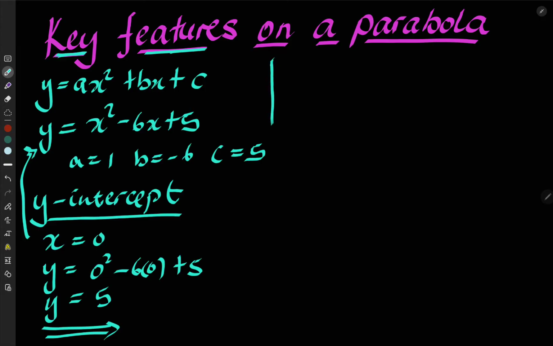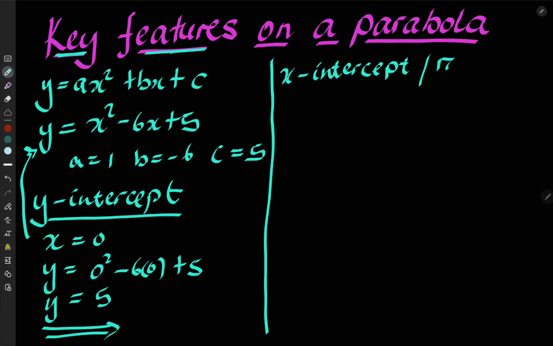Then the next thing that you want to talk about is the x-intercept. It's called the x-intercept or x-cut, or I want to call these the roots of the equation, because you are letting y be 0. So 0 is equal to x squared minus 6x plus 5.